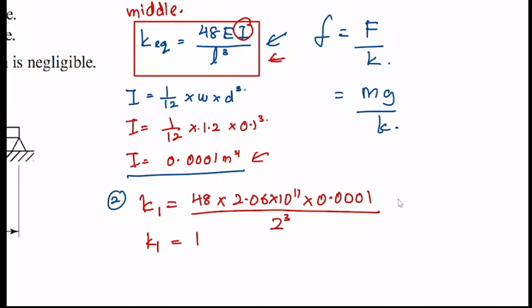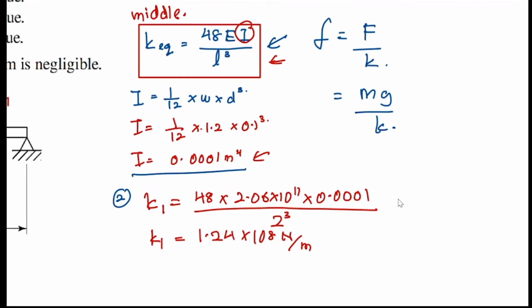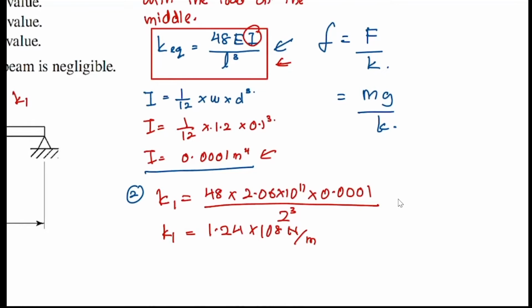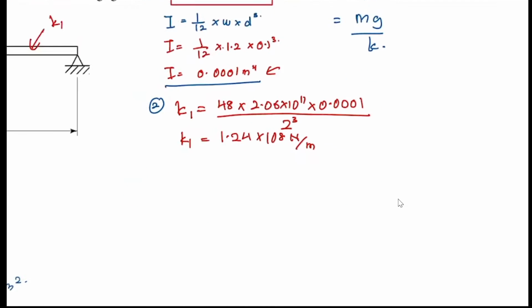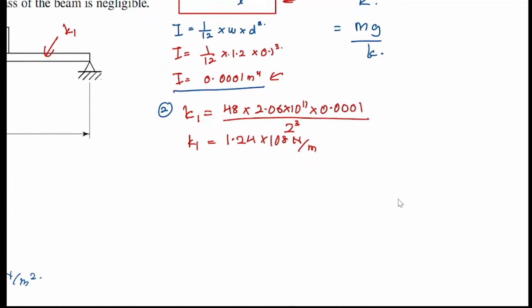It will be 1.24 times 10 to the power of 8 Newton per meter. So now we already have the value for K, the stiffness value for the beam. Now proceed to find the original deflection of the beam. The third step now, find the original deflection.